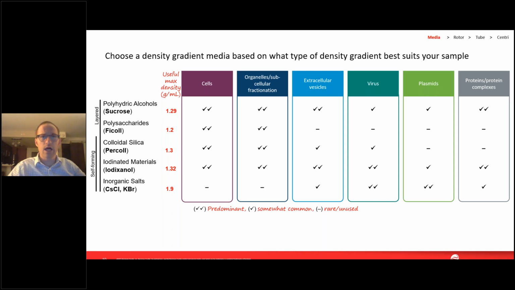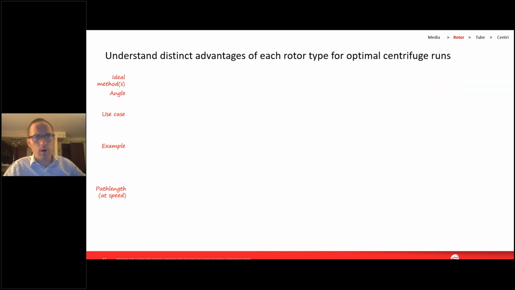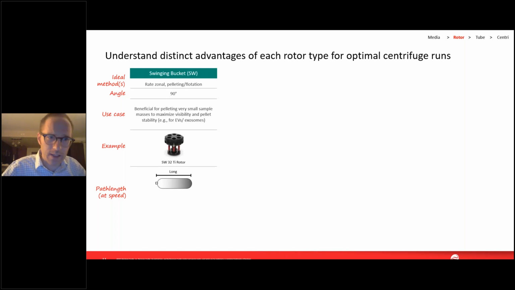Okay, let's talk about the rotor a little bit now. The rotors have distinct advantages based on what you're trying to do. And so it's important to understand what each rotor type offers you. Right? There's the swinging bucket rotors. For these, the tubes that the sample is in actually swing out and go perpendicular to the axis of rotation. It has the 90-degree angle. Right?